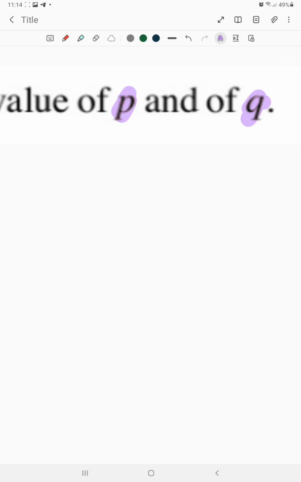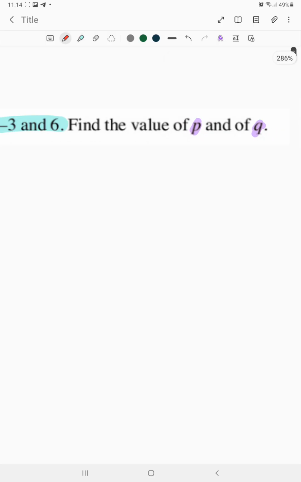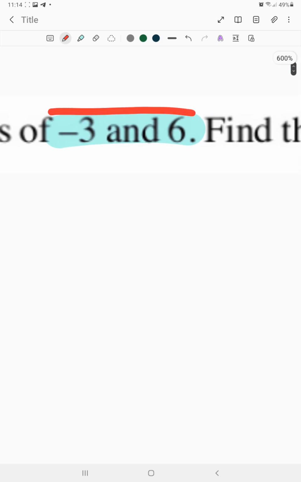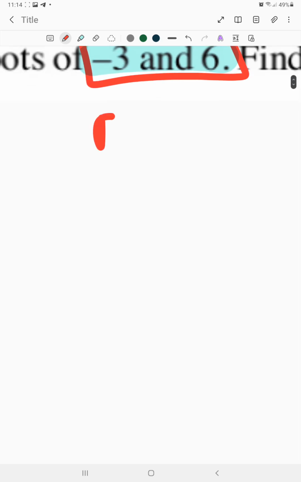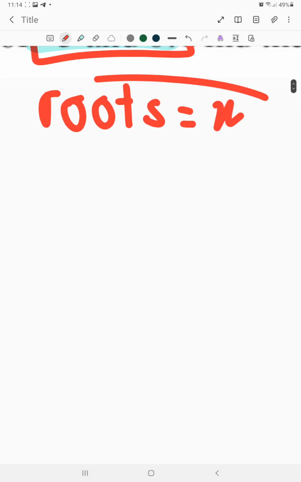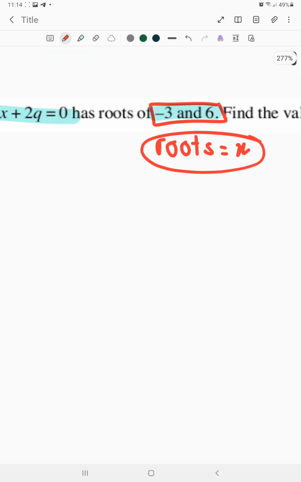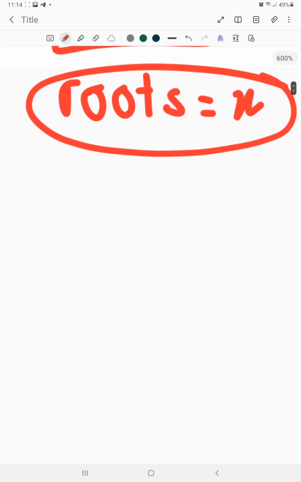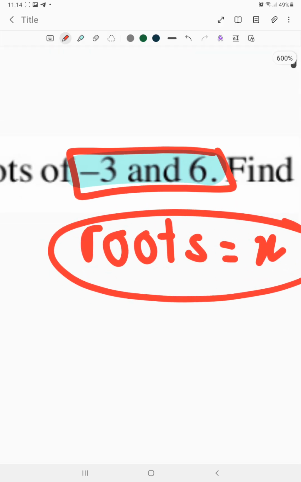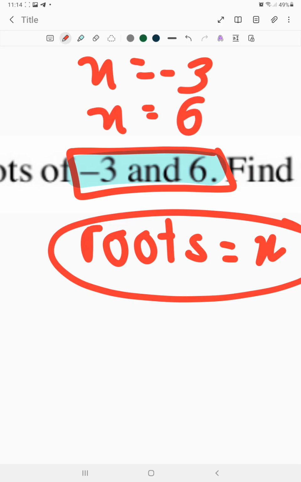They have given the roots. What's the meaning of roots? Roots means x. So they have given the roots -3 and 6.